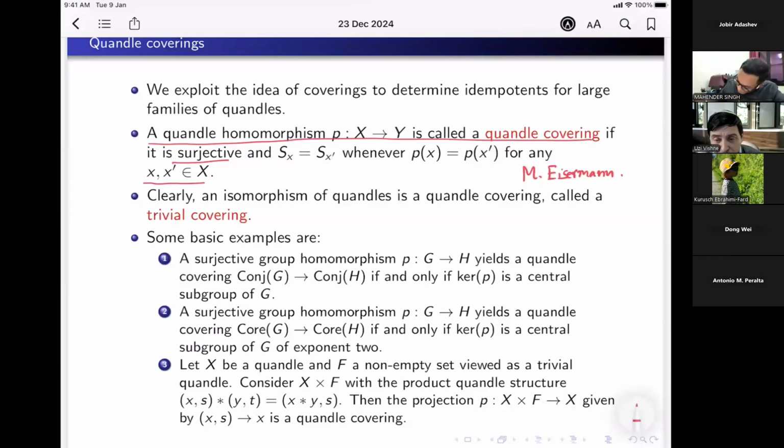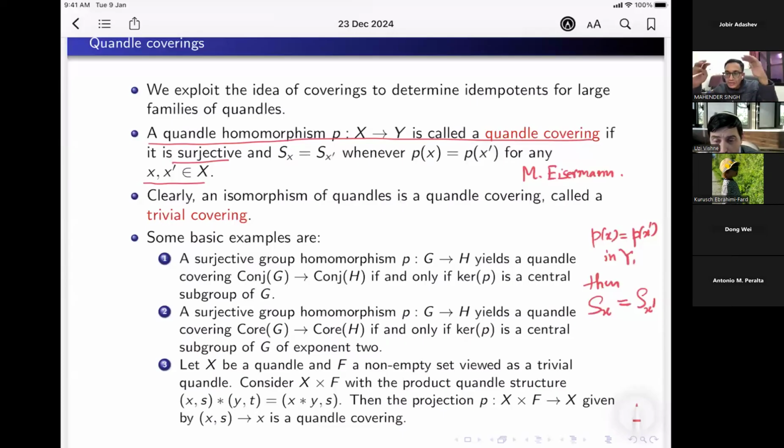Okay, so that means if p(x) equals p(x prime) in Y, then right multiplication by x in the quandle X is the same as right multiplication by x prime in the quandle X. They have the same symmetry.